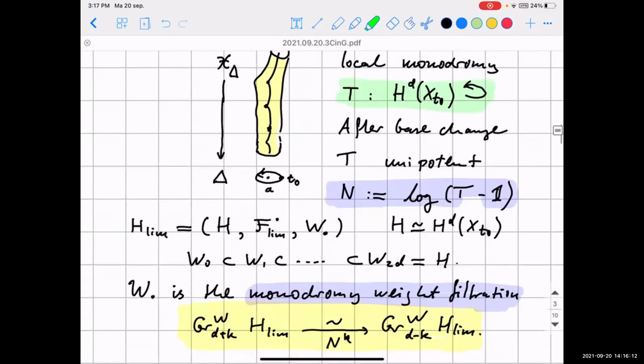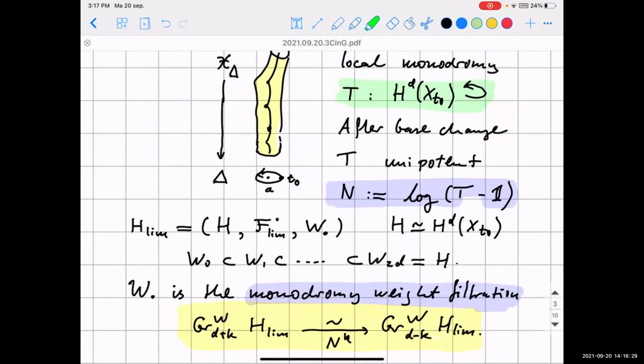In fact, the limiting mixed Hodge structure consists of a vector space H, which can be taken as just the ordinary cohomology of a fiber nearby the degeneration point.